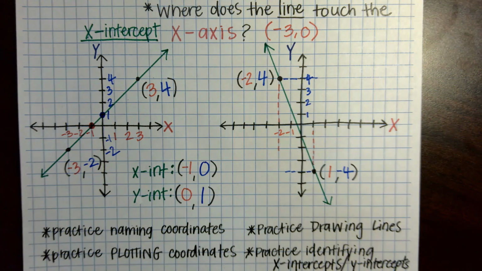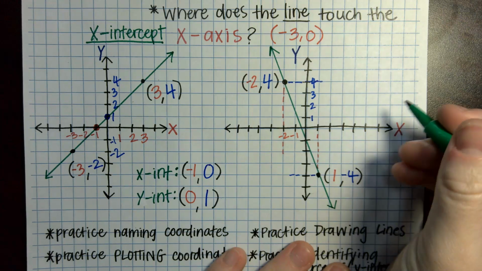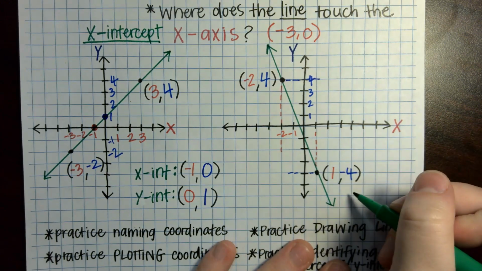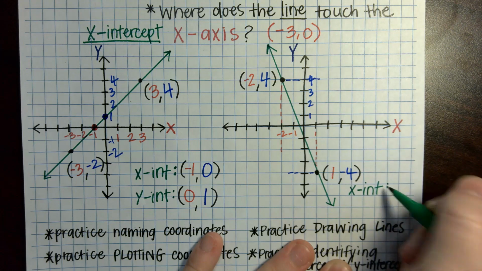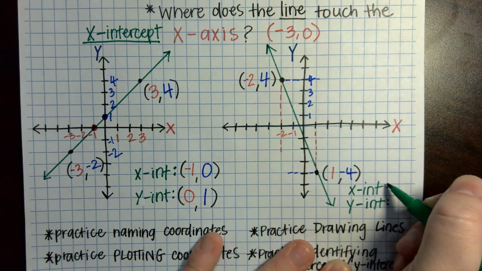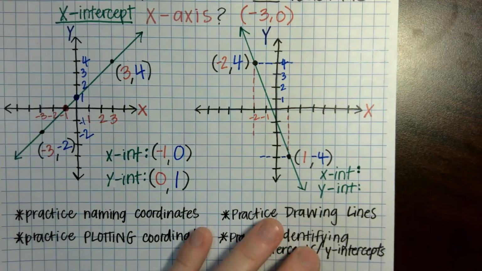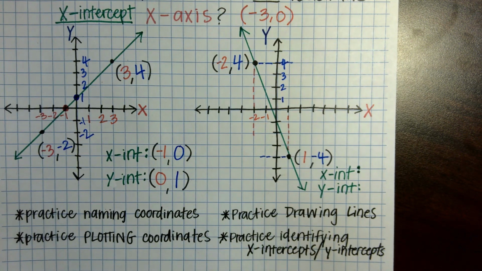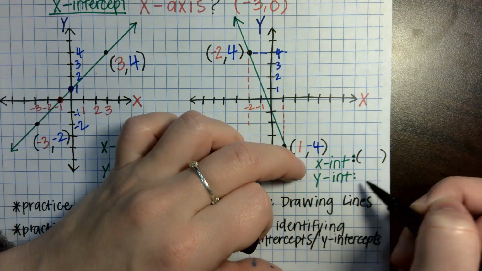So this is going to be a little bit of a trickier x and y intercept because they're a little close to the middle. Sometimes I think that throws us off. I want you to label x-intercept and y-intercept. And we're going to draw some parentheses to put our x and y values in.